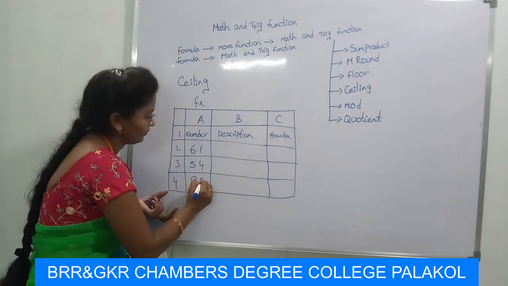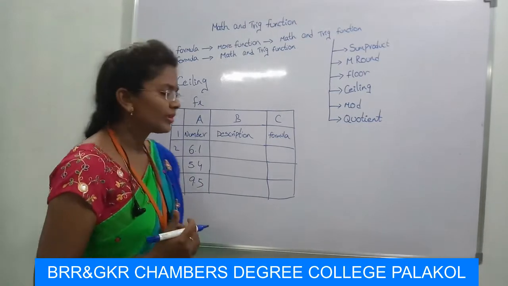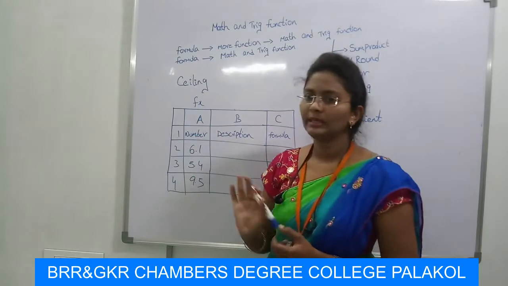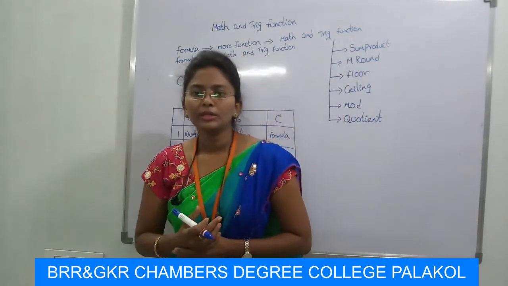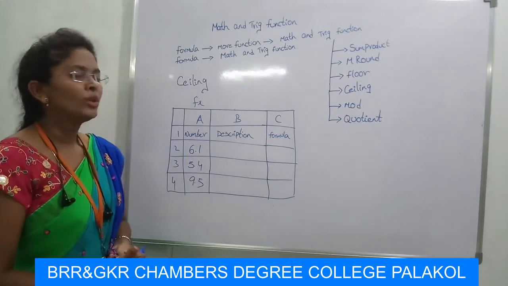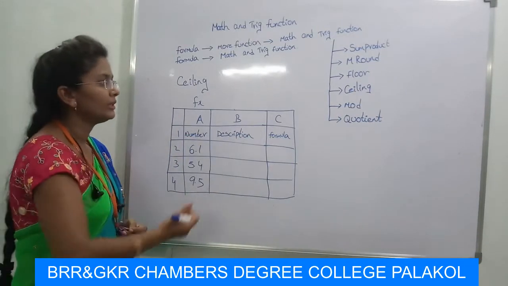In this CEILING function, the description is rounded numbers to the nearest multiple of 1, 5 and 10. Those multiples were already taken in MROUND and FLOOR also.